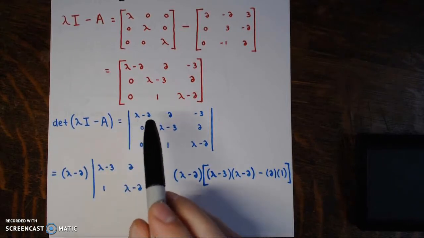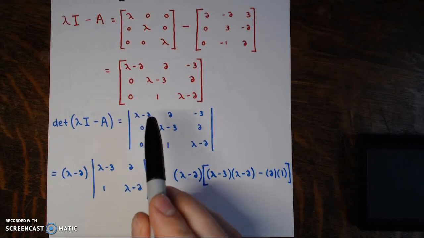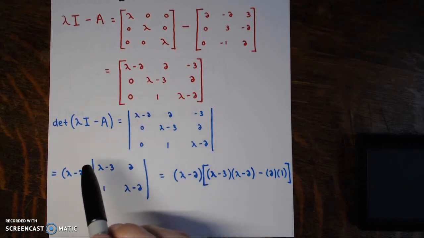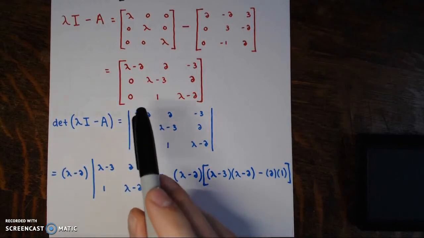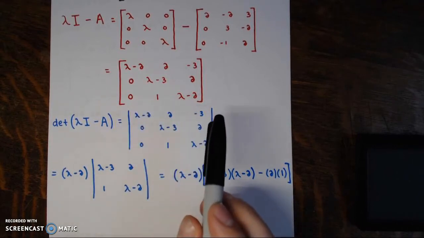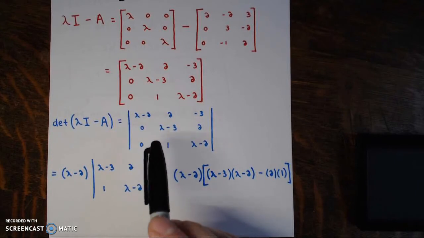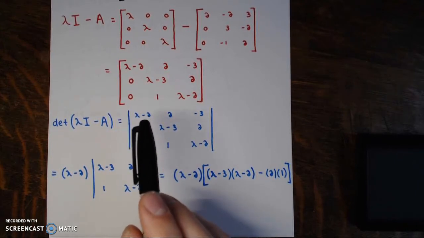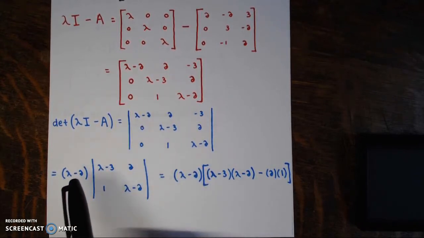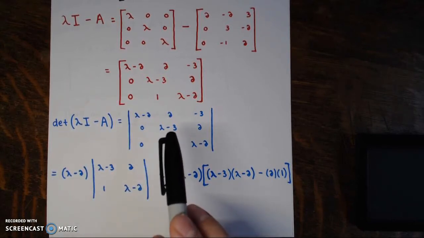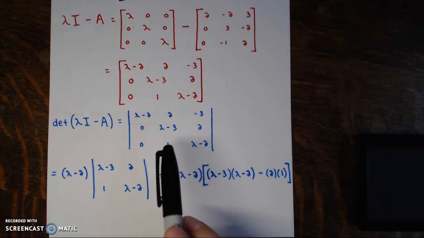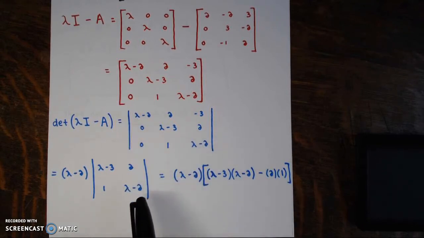So the determinant is the first row, first column entry, lambda minus 2, multiplied by the minor. So get rid of the first row, first column, and it'll be a positive minor, since this is an even position. So I just have lambda minus 2 multiplied by the determinant of this 2 by 2 matrix: lambda minus 3, 2, 1, lambda minus 2.